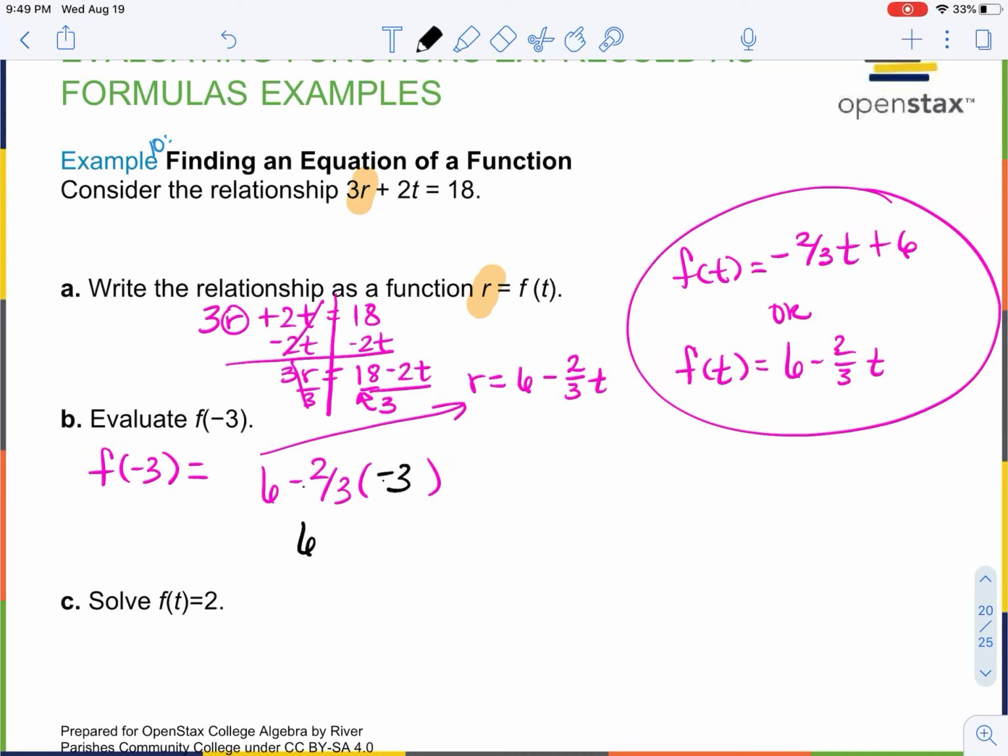And when we do that, negative times a negative is a positive, and 2/3 times 3, the 3's cancel and just leave 2. And I believe that we get 8. So f of -3 is equal to 8.